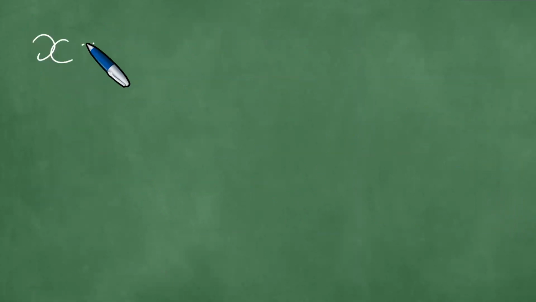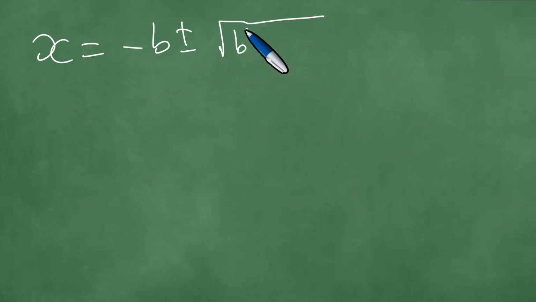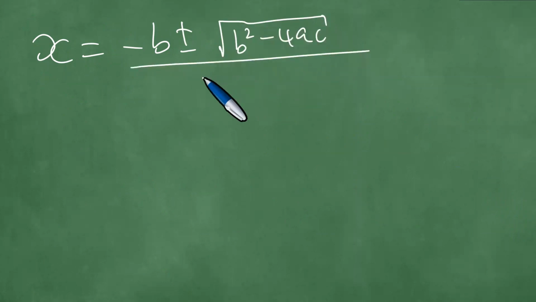So you're going to use x equals minus b plus or minus the square root of b squared minus 4ac, all over 2a. So what is b, for example?